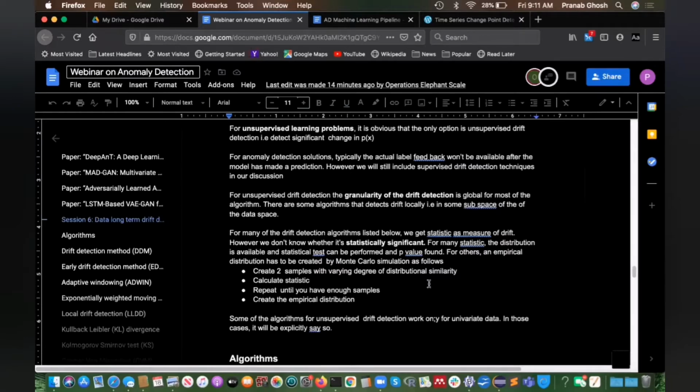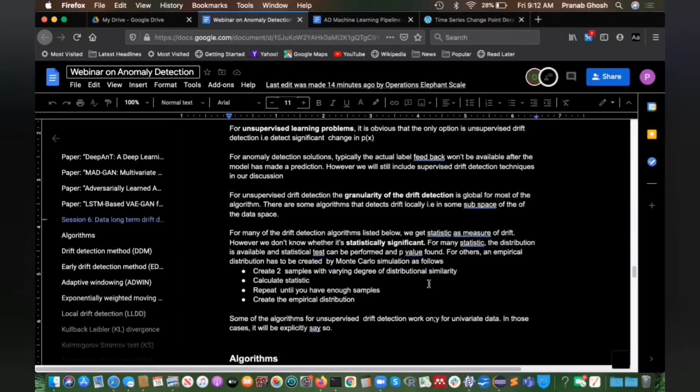For example, when you build a model using a decision tree, it could be that the subspace that's being referred to by some internal node in the decision tree, only that subspace has drifted. The advantage of local drift detection is that you don't have to rebuild the whole model. You just rebuild the model for only that subspace of your data.